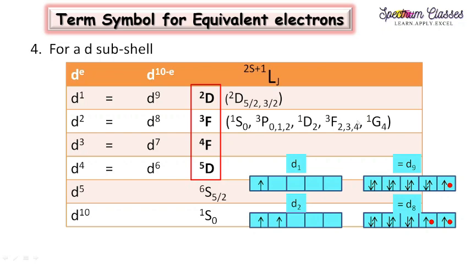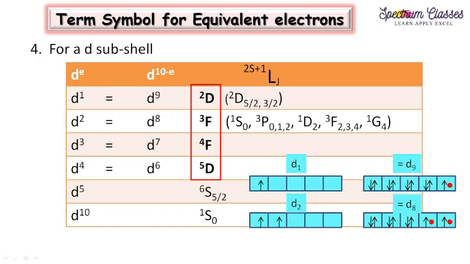Out of these term symbols, what I suggested for the ground state is the greater S. Out of these five term symbols, we have the same multiplicity for P and F. And I said next, if we have the same multiplicity, then go for the greater value of L. The greater value of L is for F, because P stands for L equal to 1 and F stands for L equal to 3. So the ground state term symbol is 3F, right?